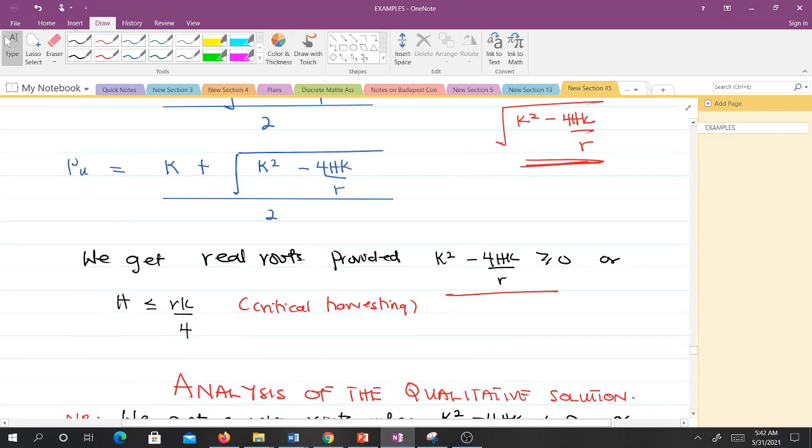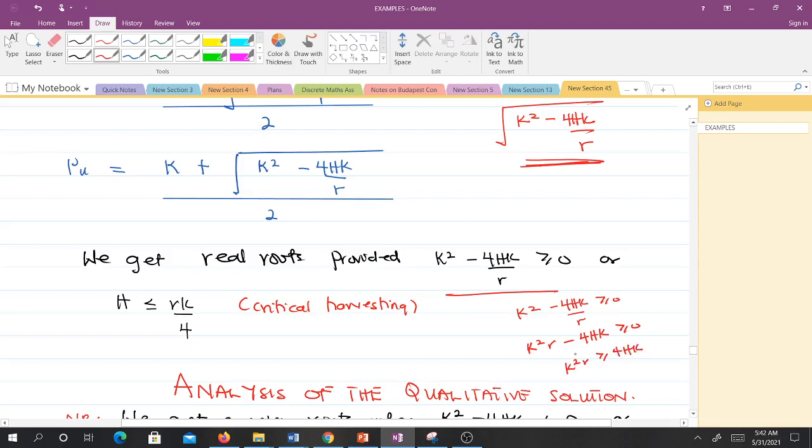Okay, so the reason why this is the same as this, let's try this and see. So you see we have k squared minus 4hk over r is greater than or equal to 0. So we can decide to multiply through by r. We'll get k squared r minus 4hk greater than or equal to 0. This is the same as k squared r greater than or equal to 4hk.